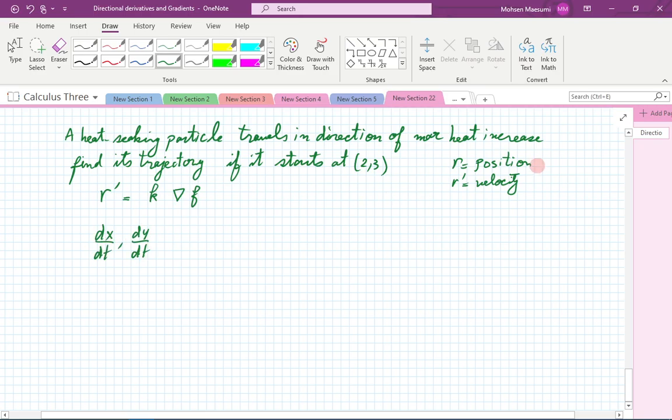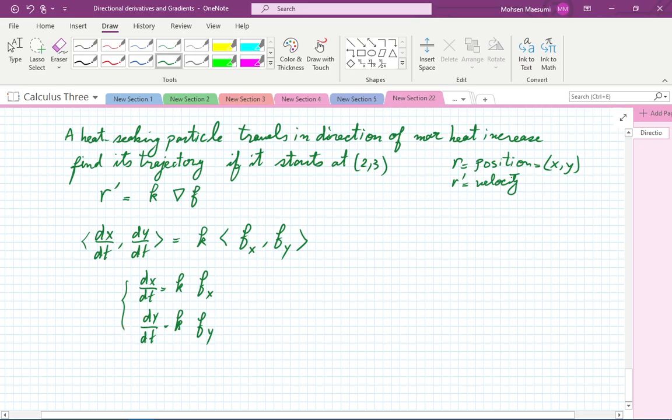R itself is the position x and y of the particle. So this is going to line itself up with the gradient. Well, what does that mean? The first one is equal to the first, the second is equal to the second. So we are going to have dx/dt is going to be some multiple of f of x, and dy/dt is the same multiple of f of y.